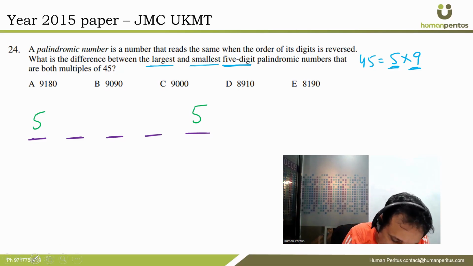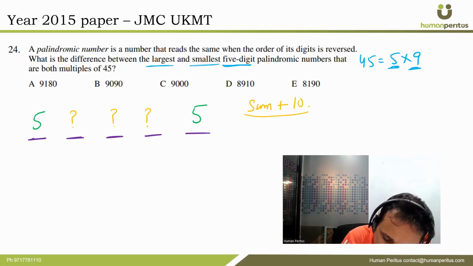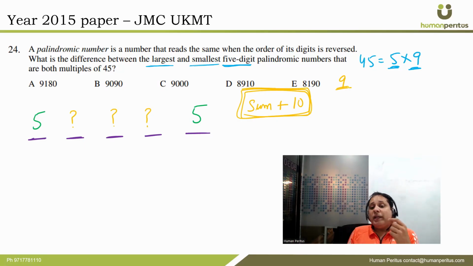Whatever fills these places, their sum plus 5 plus 5, which is 10, should be divisible by 9. So what number can be added to 10 so that it is divisible by 9? This will be the sum of the middle 3 digits.